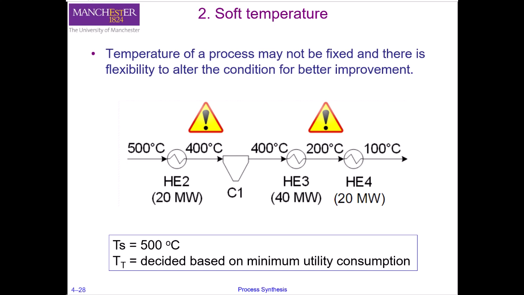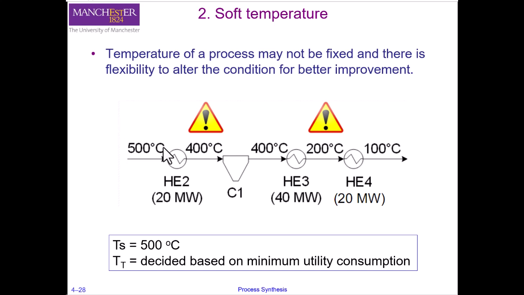On the other hand, a soft constraint would be the discharge temperature of a storage tank, or the product temperature that you want to store at. So these are very much flexible, and we can change them to improve our system.